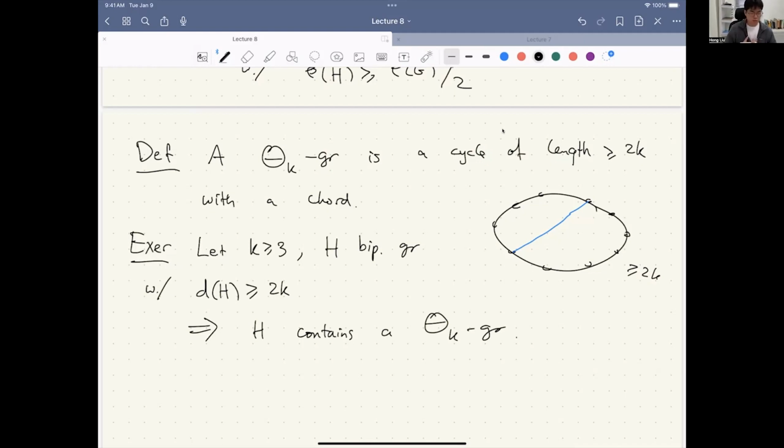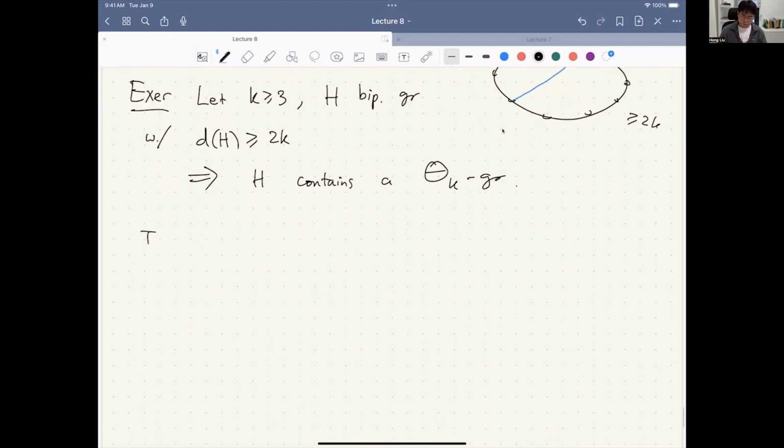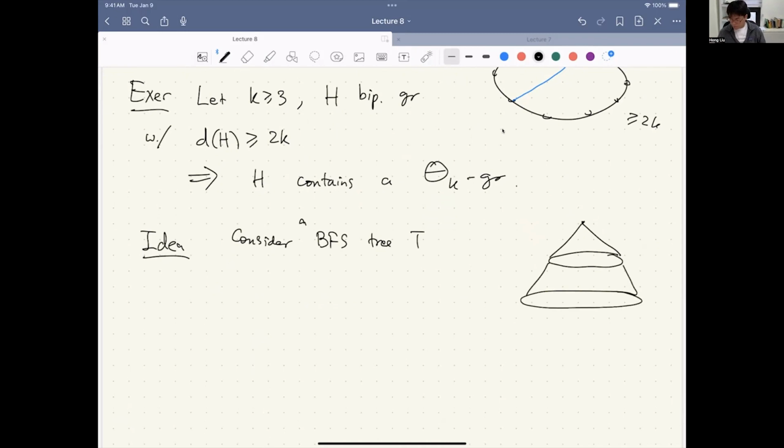So why is this useful? The idea is the following. We consider this BFS tree, starting from some vertex. You go several layers.